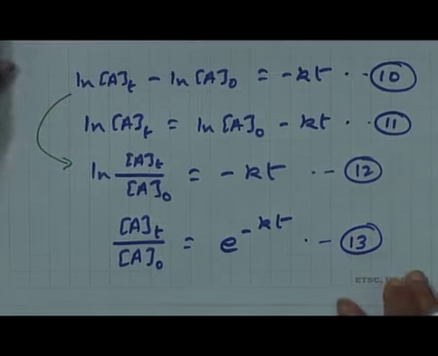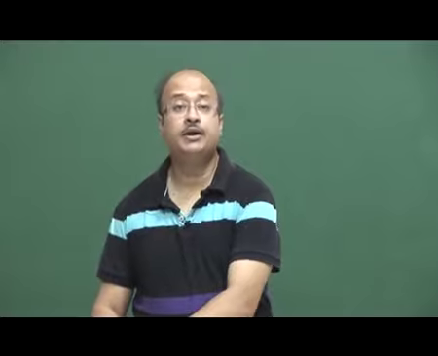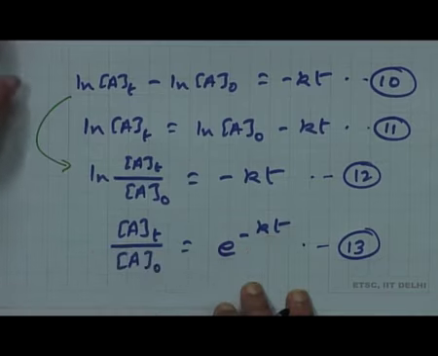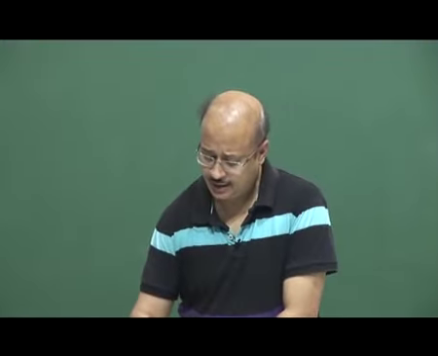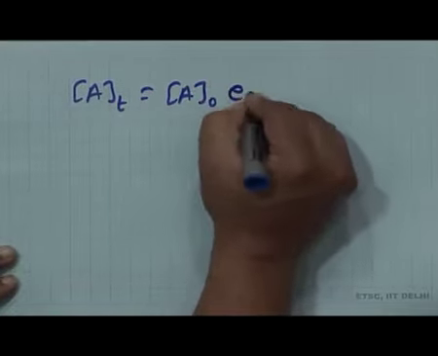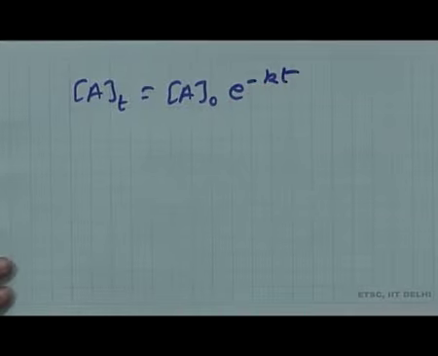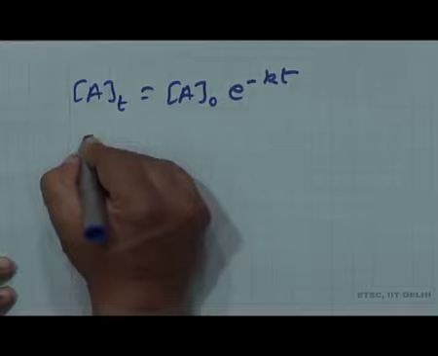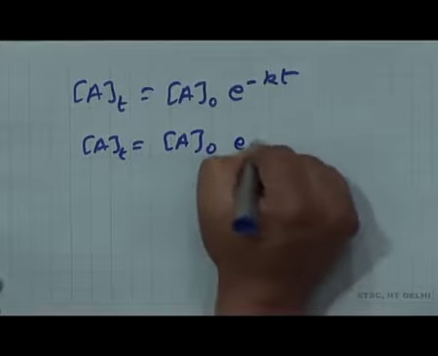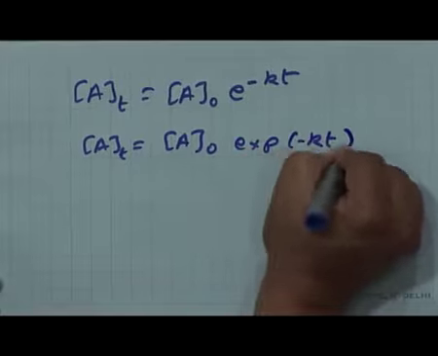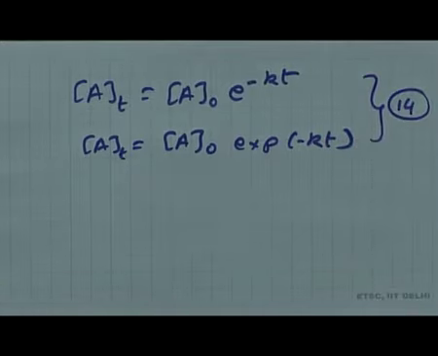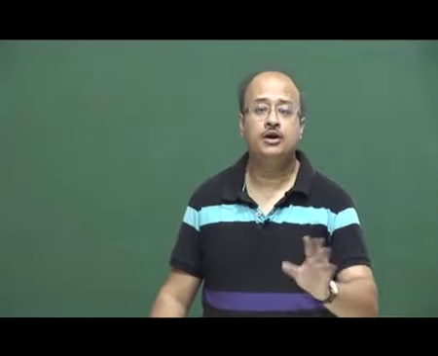Finally, this e meaning exponential minus Kt, that is the order of the exponent out here, and then I can write A t is equal to A naught e to the power minus Kt, or another way of writing is A of t is equal to A naught exponential minus Kt, okay. So let this be 14. So this is your rate equation for a first order reaction.